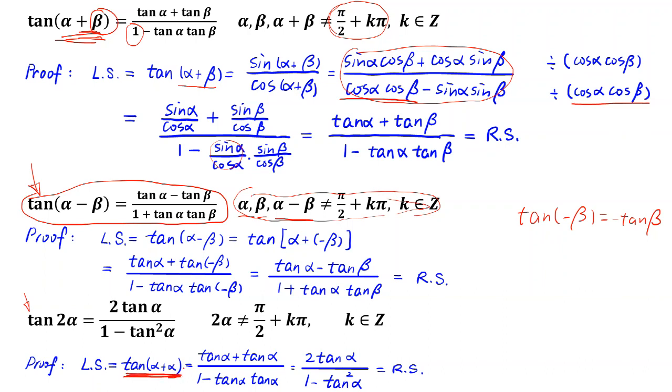So tangent of alpha plus alpha is tangent alpha plus tangent alpha over 1 minus tangent alpha times tangent alpha. After simplification, we have twice tangent alpha over 1 minus tangent squared alpha, which is exactly the right side. In this way, we also proved that this expression is a trigonometric identity, right?